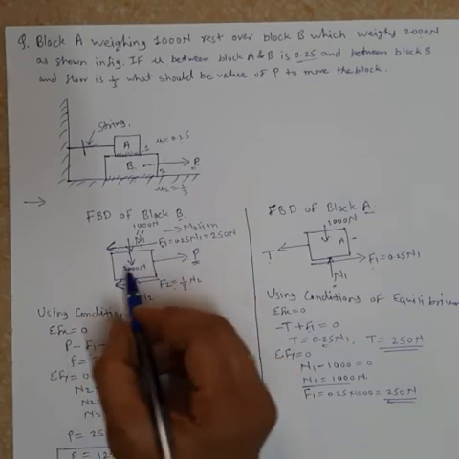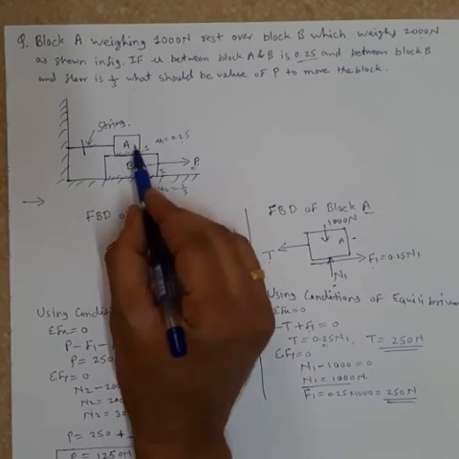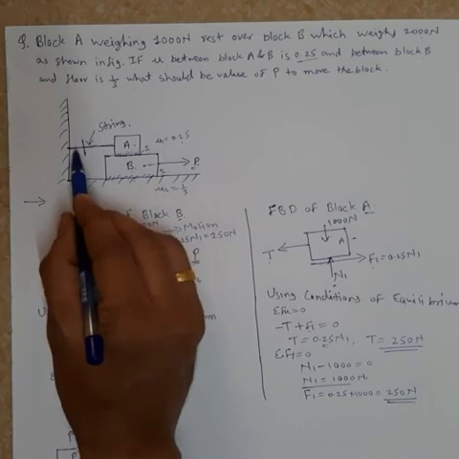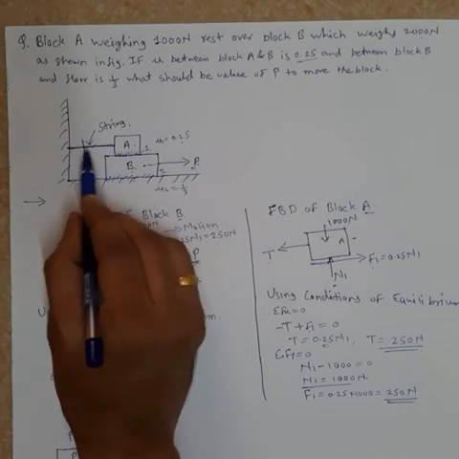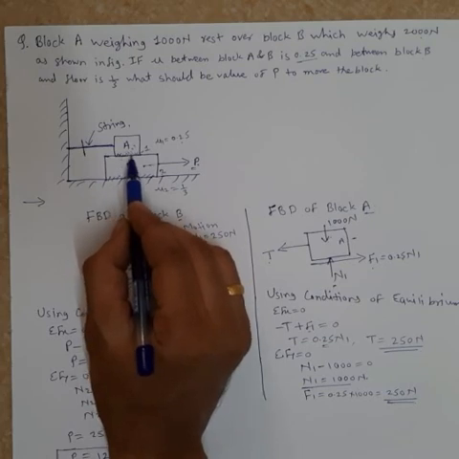And then FBD of A, though block A is not going to move, because here string is there, the block is attached to the wall by this string, there will be the friction force at this surface 1.